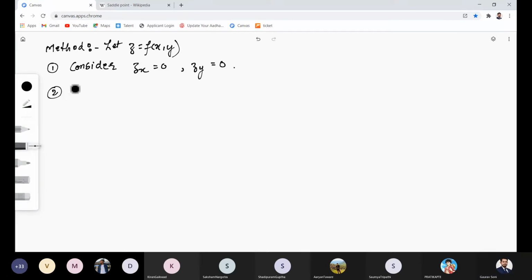Step 2: solve z x equal to 0 and z y equal to 0 to find values of x and y.